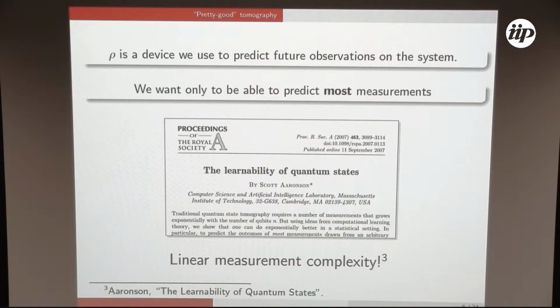Before going ahead, we should define what we mean by most measurements.